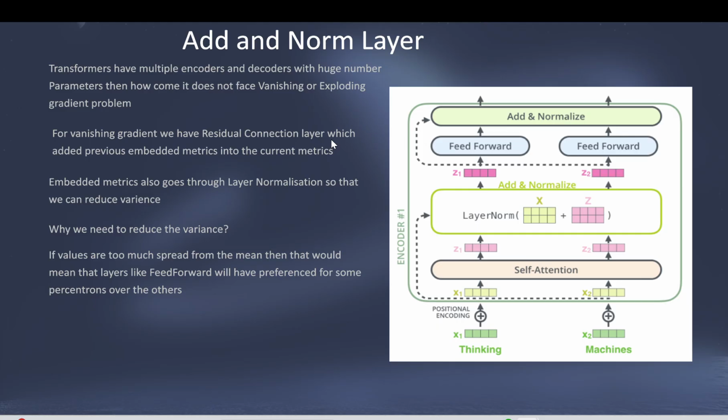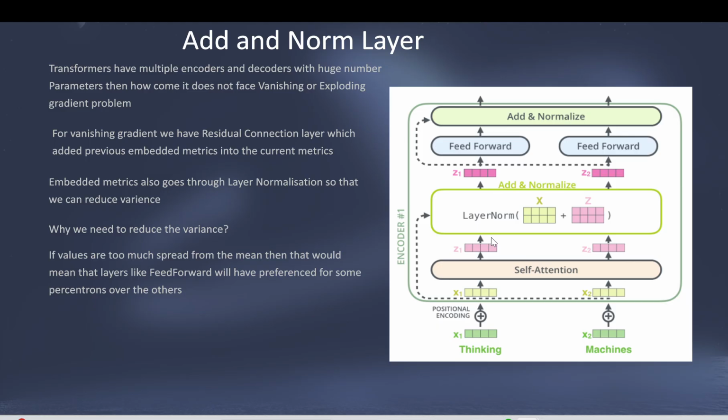skewness or any bias factor, because after this we are sending it to the feed forward neural network, and if we send that kind of data without normalization, it will have a poor understanding of what the word is saying and it won't train properly. It will be a garbage in, garbage out condition.